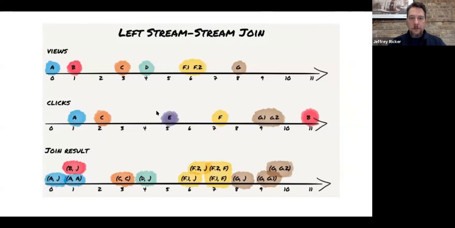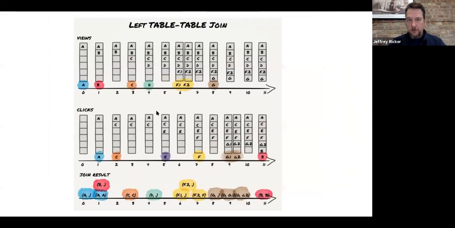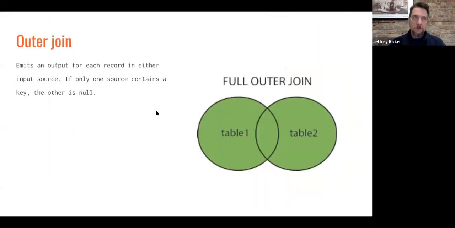And then lastly, when you're dealing with tables, it's a different behavior. Lastly, an outer join, where you're going to emit an event for any record that arrives from either input.